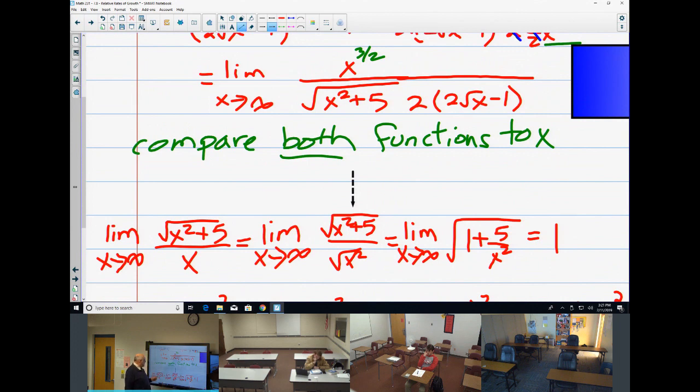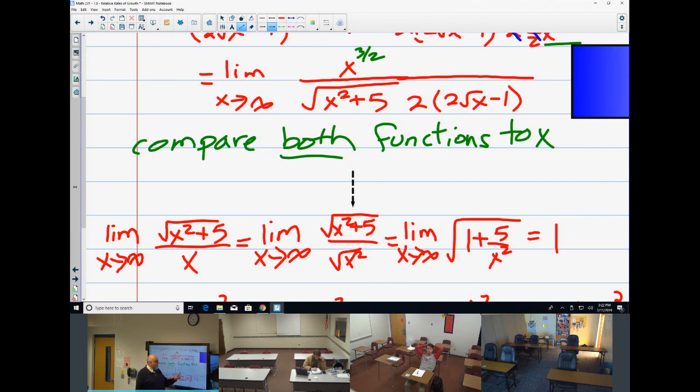What we do is we rewrite x as the square root of x squared. That way we can put them underneath the same radical and then simplify and say, well, x squared over x squared is 1 plus 5 over x squared. And as x approaches infinity, this will approach 0. So 1 plus 0 is 1.